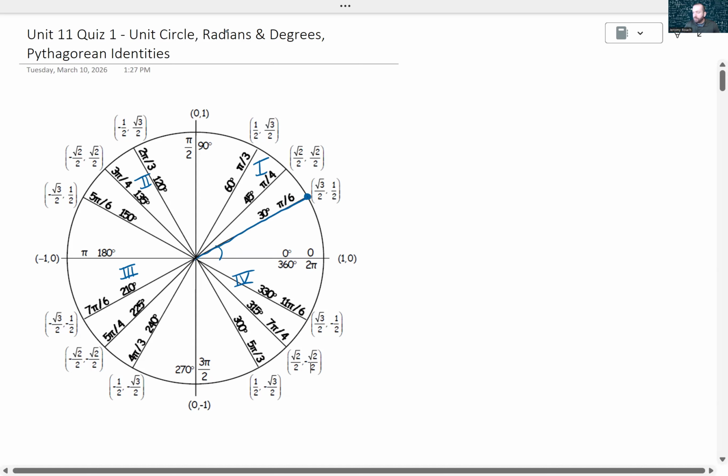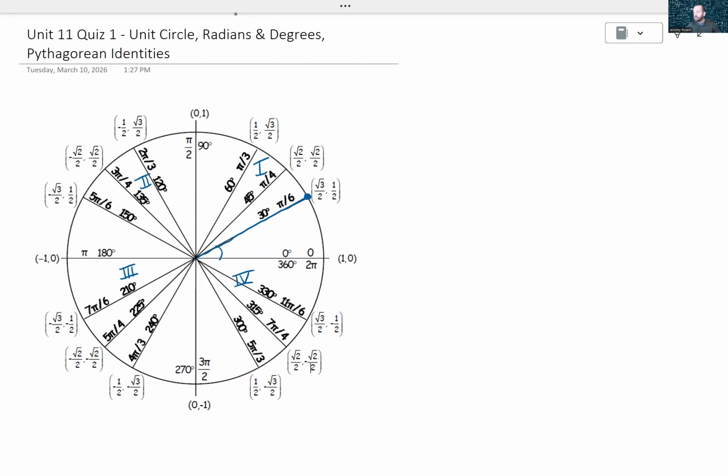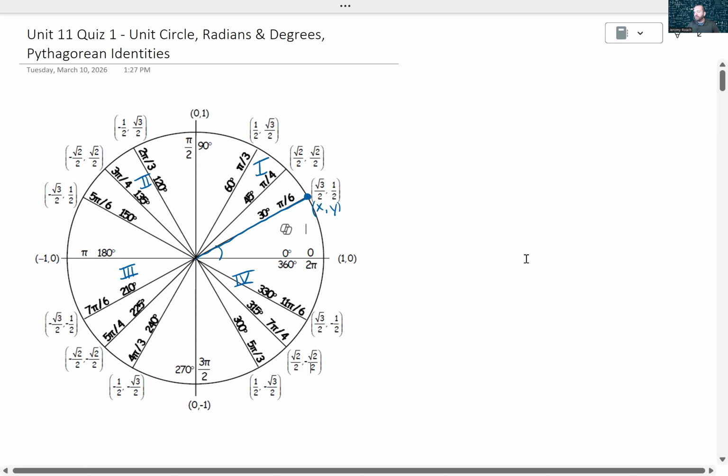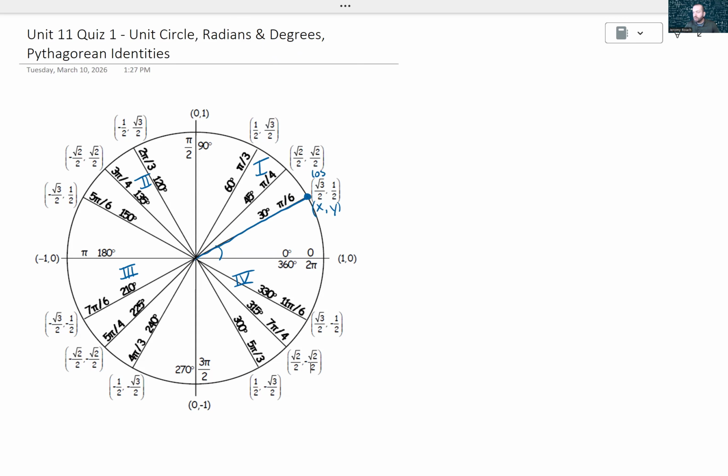Each of these points on the circle are coordinates. Our coordinates, of course, are x comma y, and those coordinates tell us the value of cosine and sine, where x is cosine and y is sine.